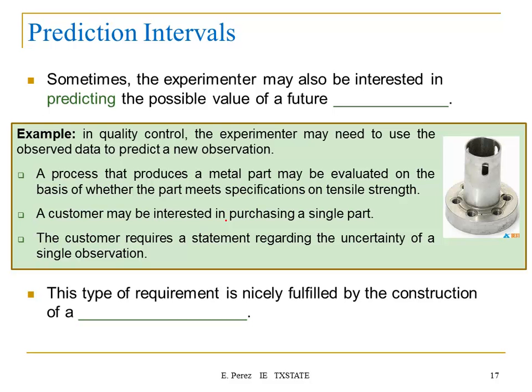So sometimes the experimenter may also be interested in predicting the possible value of a future observation. For example, in quality control, the experimenter may need to use the observed data to predict a new observation. If you are producing a specific component for a computer, let's say, your component would not work if it is not able to fit within a particular slot.